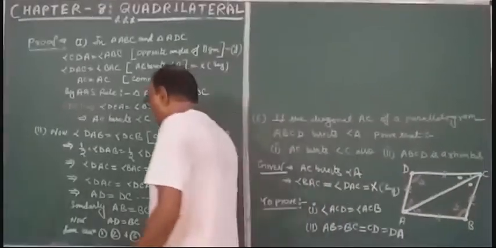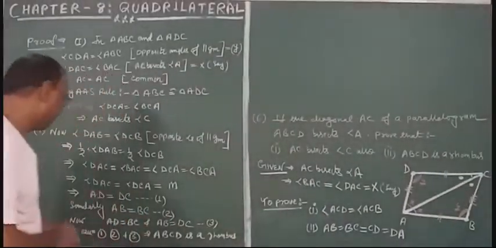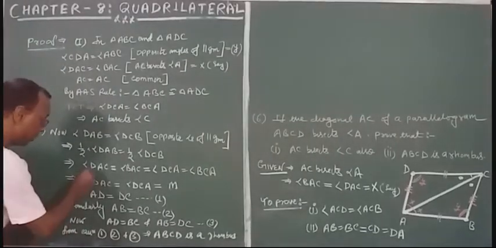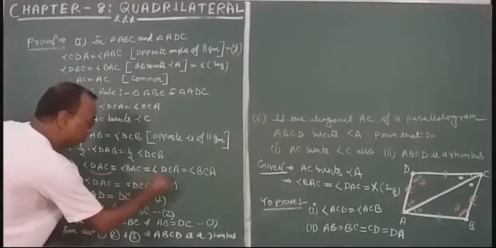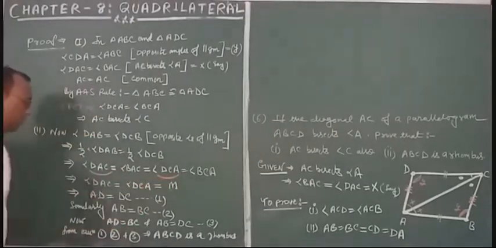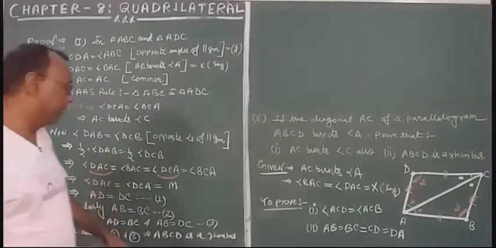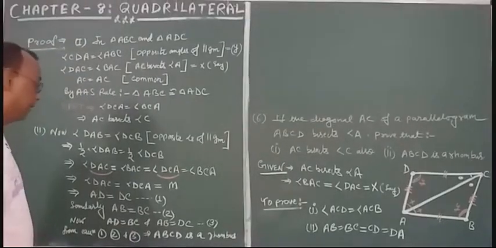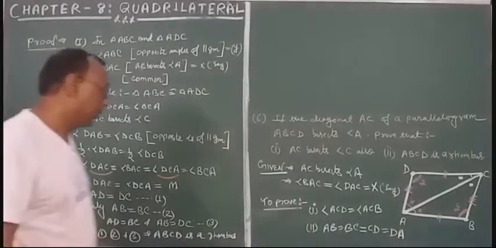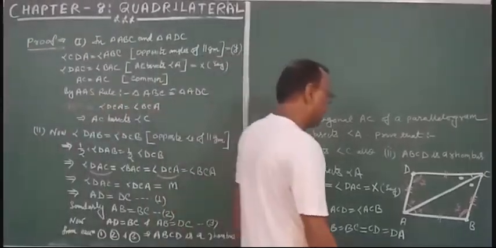Now all these four angles are equal, and we are using these two. Therefore angle DAC is equal to DCA, and we have taken that they are equal.